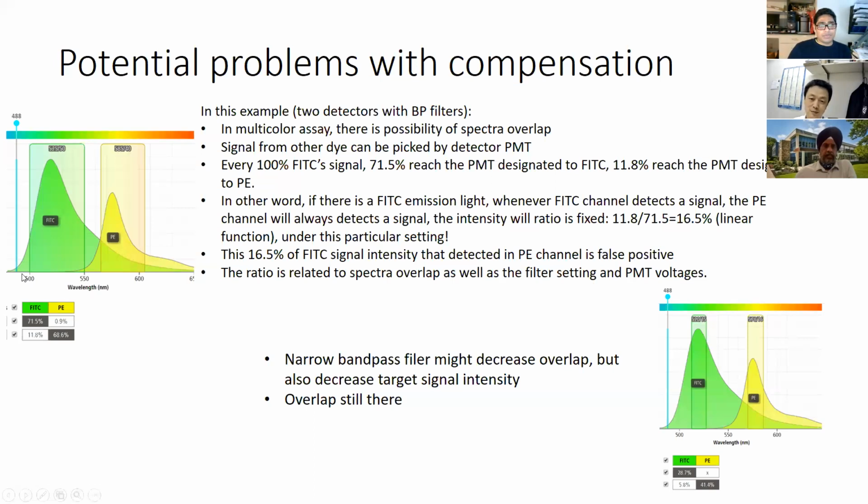Because this FITC can be higher or lower, whenever there is a FITC signal showing up in this detector, we know there must be another 16.5% signal showing up here.